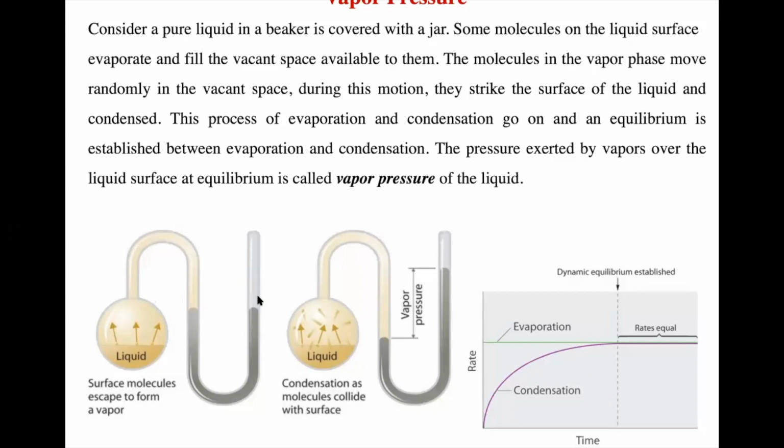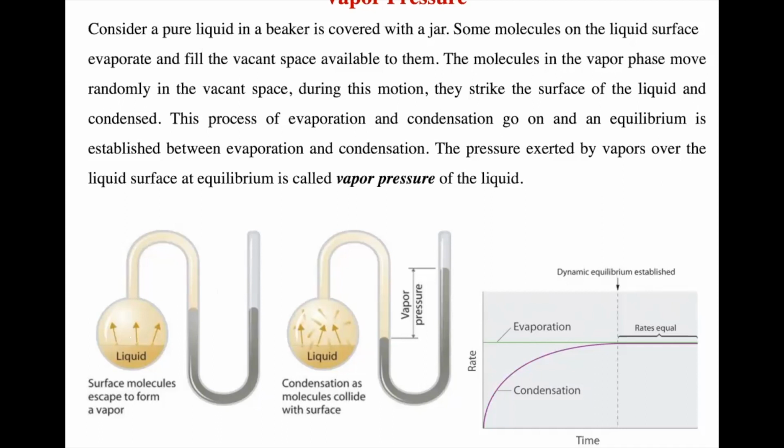Then the molecules of the vapor phase flow randomly and strike the surface of the liquid. After some time they start to condense on the surface of the liquid. So a dynamic equilibrium is established between the evaporating phase and the condensing phase.